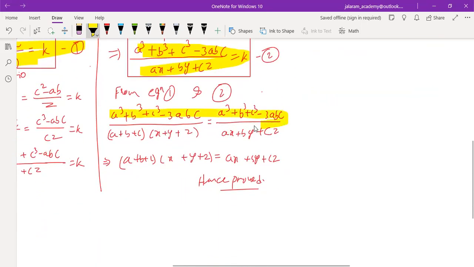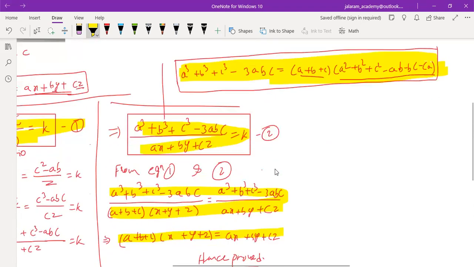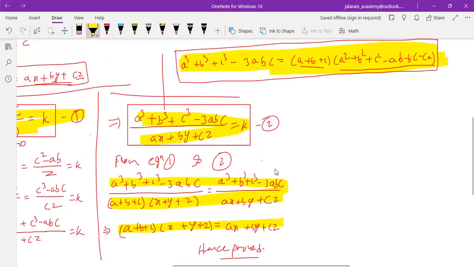On comparing both k's, the numerator is the same, so it will be cancelled out, and the denominators will also be the same. So it is giving the result. Is that clear to everyone? Yes, sir. Anyone has doubt now?